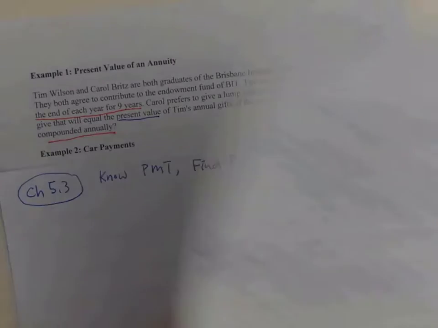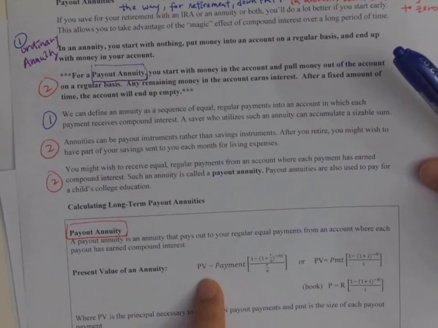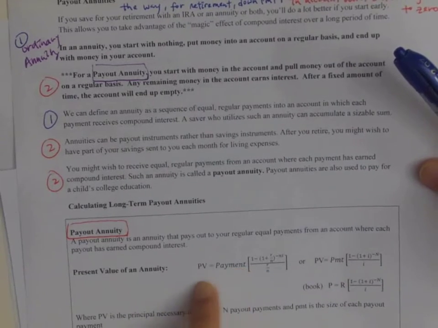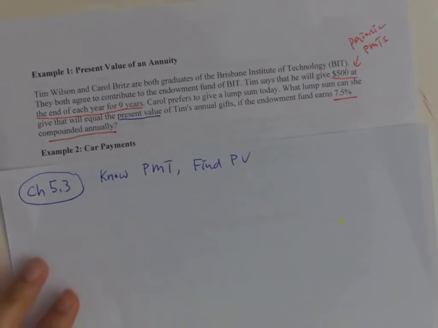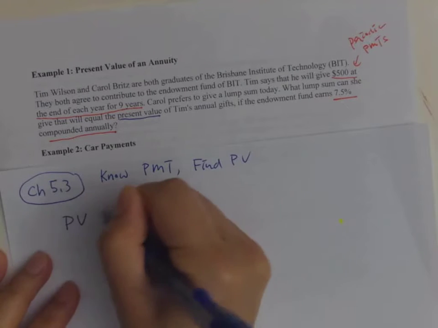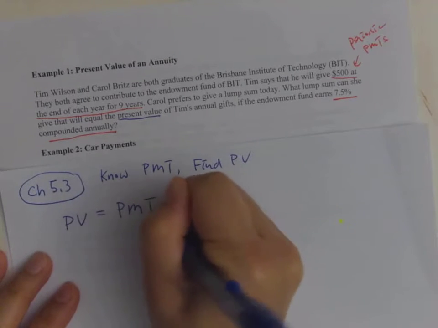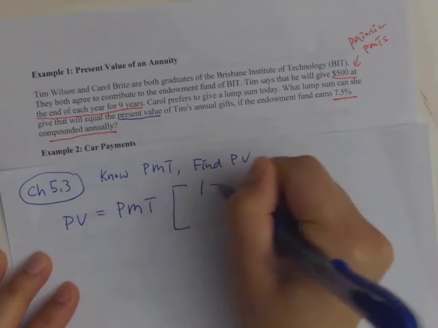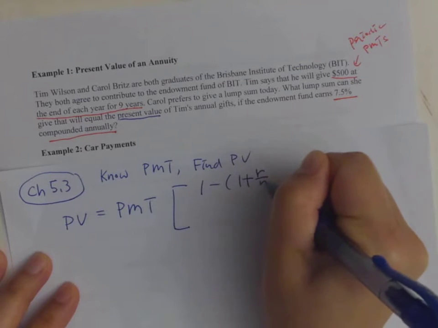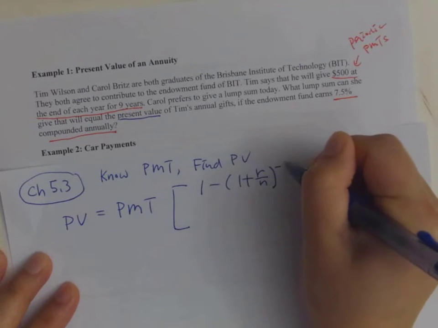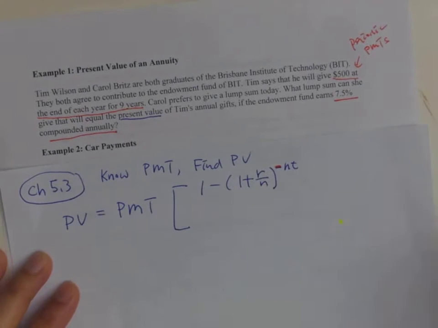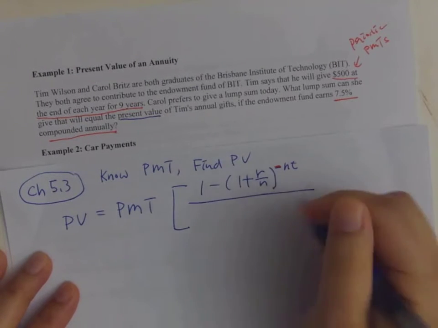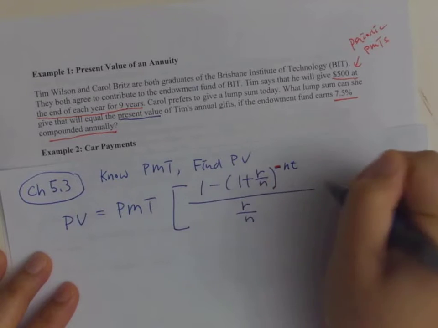Present value equals payment times 1 minus 1 plus r over n, to the negative nt, all over r over n. Be very careful and make sure you use the negative sign here. This is a common mistake a lot of students make.